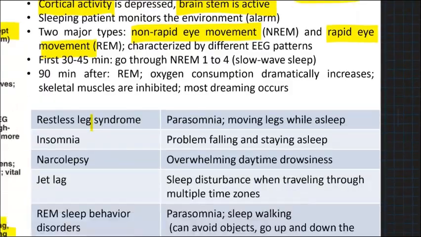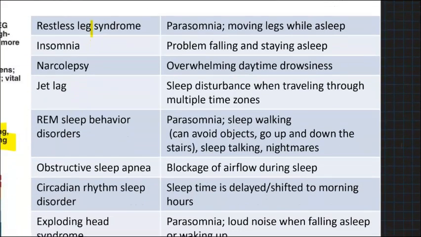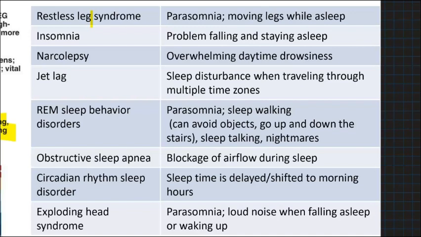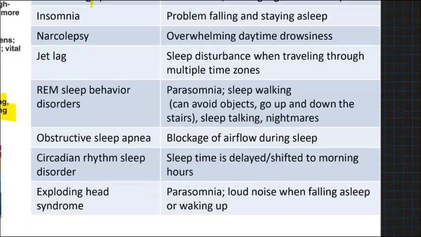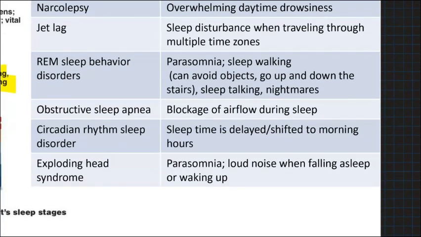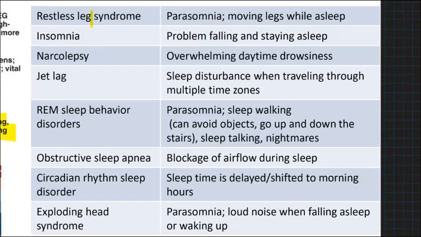let's take a look at different types of sleep disorders. So I'm going to jump straight to this. Okay? So we don't have it in the list, but imagine what's going on when you have a rapid eye movement sleep, right? All your muscles are paralyzed.